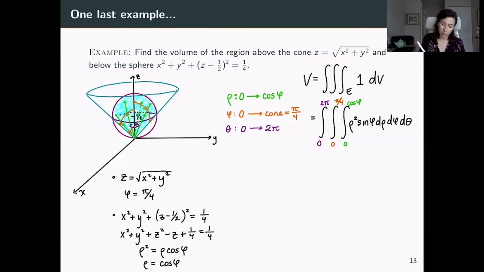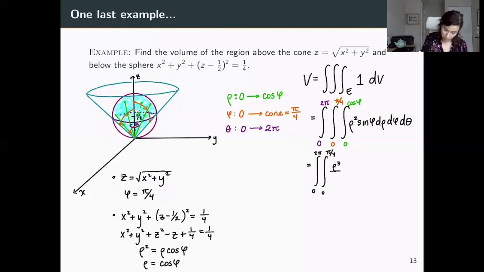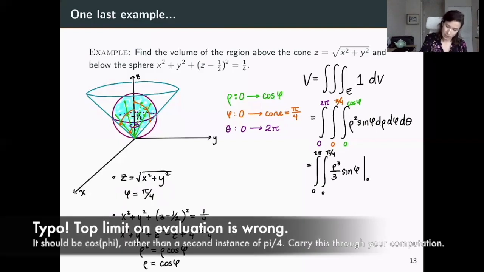Here we're integrating with respect to rho first. So we're going to have 0 to 2 pi, 0 to pi over 4, and integrating with respect to rho, we're going to get rho cubed over 3 times sine of phi, from 0 to cos of phi, with a d phi and a d theta.